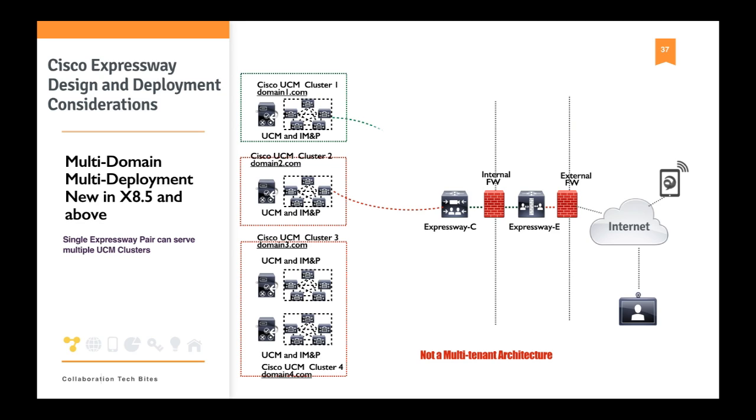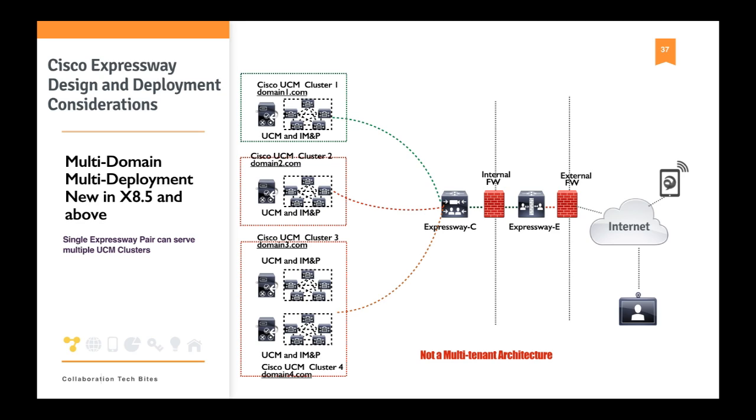And so you can integrate UCM cluster 1 with domain1.com, and integrate UCM cluster 2 with domain2.com, and integrate domain 3 and domain4.com in 2 other clusters as well. However, you have up to 10 clusters in 10.5.